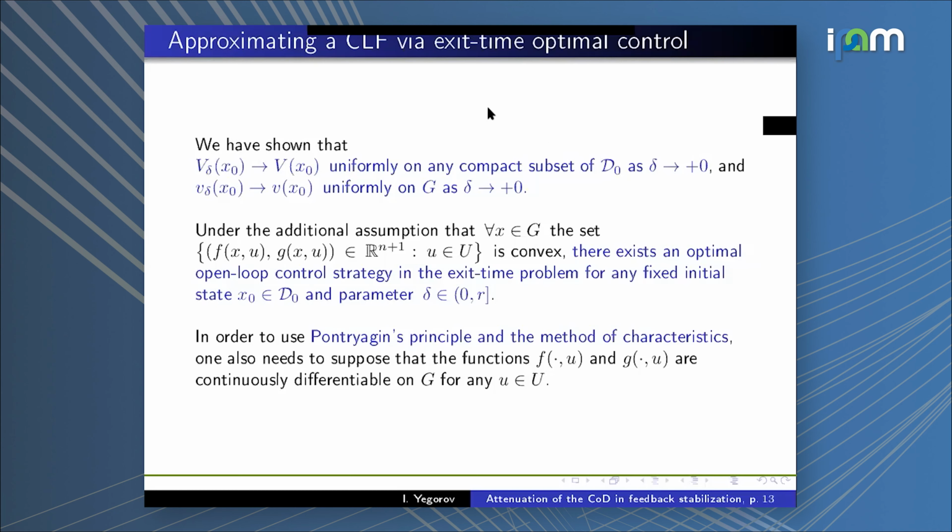And in our works, we have shown that when delta tends to 0, the functions v delta, which correspond to that exit time optimal control problem, uniformly tend to the original control Lyapunov function. So we could show these results.